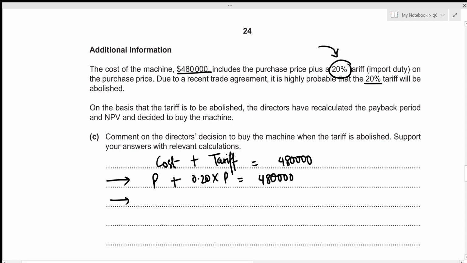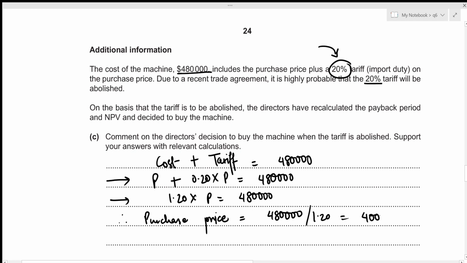Now, if we take P common, that's going to be 1.20 times P, which is also in the value of 480,000. Now we can easily figure out our purchase price, which is 480,000 divided by 1.20, which results in the value of 400,000.